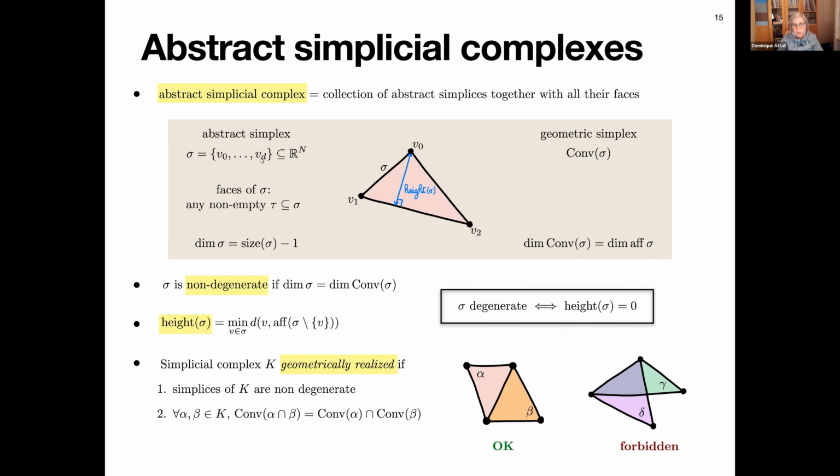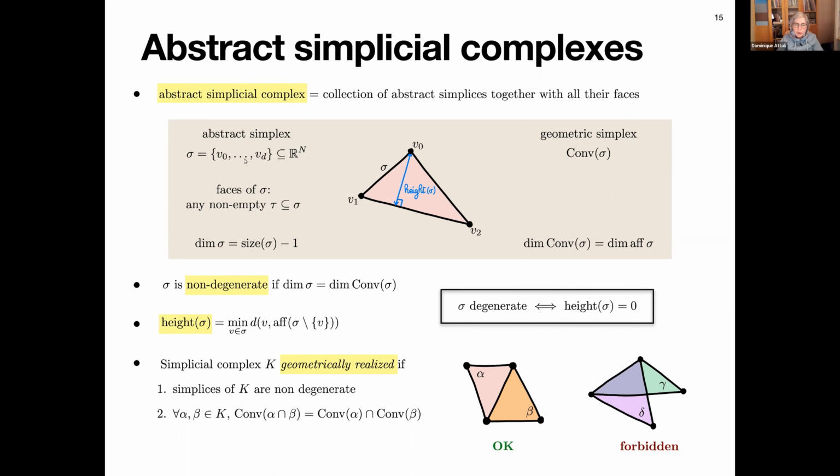Here, the points will be in R^n. We can associate to an abstract simplex a geometric simplex obtained by taking the convex hull of its vertices. And so for us, a simplicial complex will be abstract, meaning that it will be a collection of abstract simplices together with all their faces.